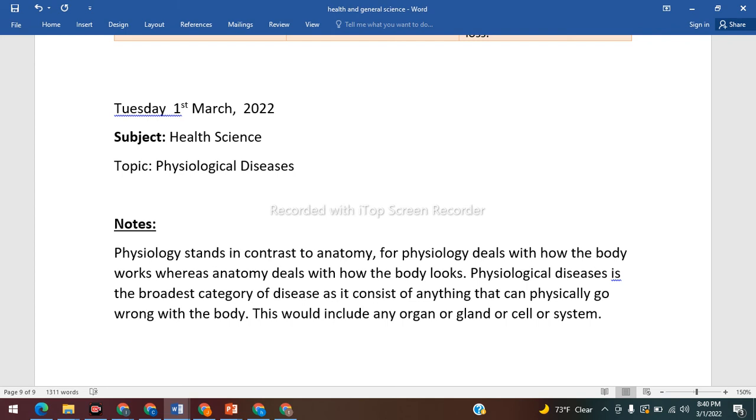In fact, all other diseases except those that affect the mind can fit into this category.